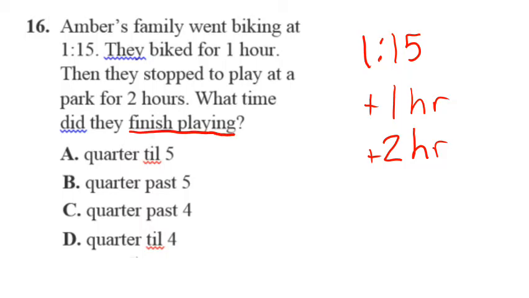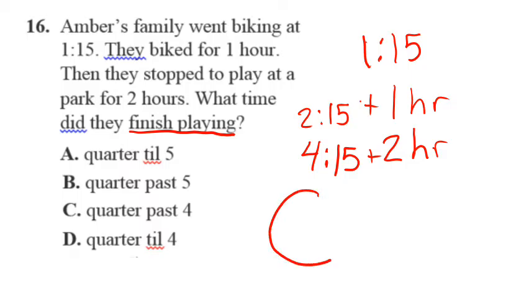So I know if I counted on my clock, 1:15 plus 1 more hour would be 2:15. 2:15 plus 2 more hours, 2:15, 3:15, 4:15. Therefore, they stopped at 4:15. Now I have to look at my answer choices.